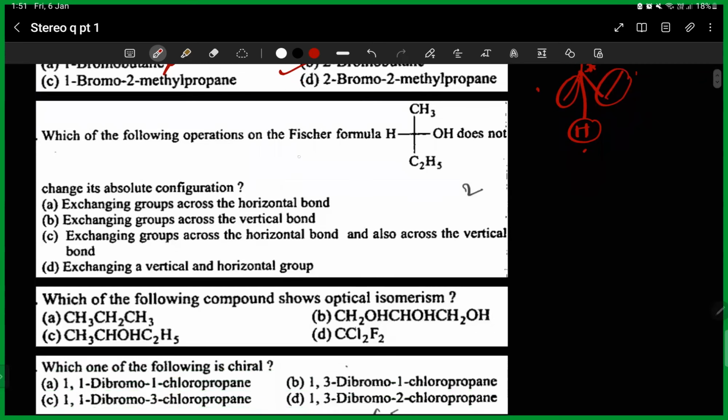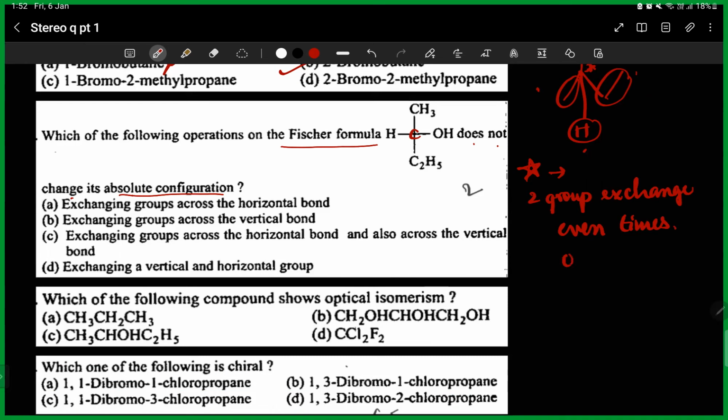Now, which of the following operations on Fischer formula does not change its absolute configuration? We have given this Fischer formula here. So the key point here is when you do two group exchange an even number of times, the configuration will not change because internal compensation takes place.